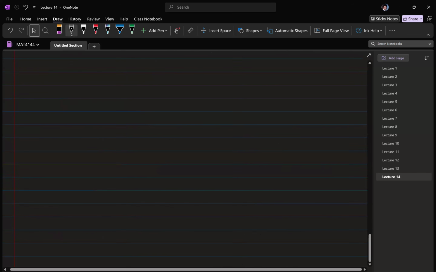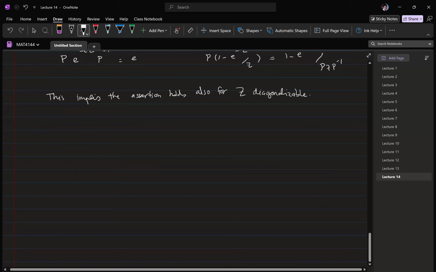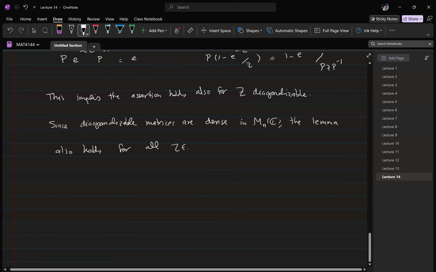So now what we could say is that since diagonalizable matrices are dense in M_n(C), the lemma also holds for all n by n matrices, using a standard convergence argument.